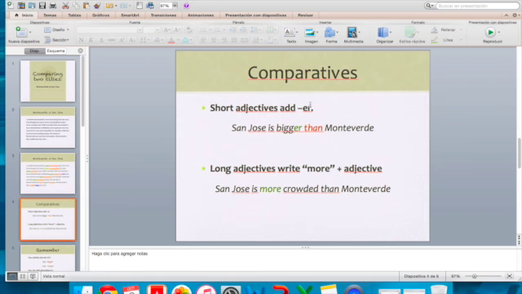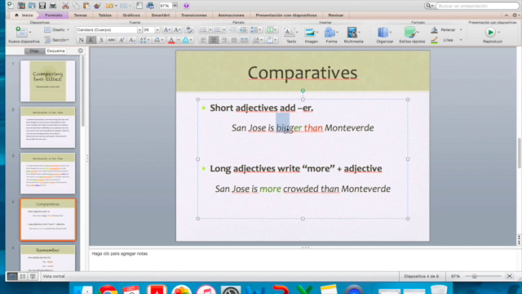So the comparatives, you just need to add er at the end of the adjectives, and we use this er only for short adjectives. How do you know if an adjective is short or if it is long? Well, the easiest way is to see if it is monosyllabic or if it has more than two syllables.